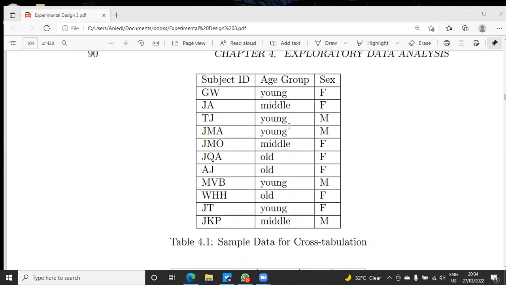It has a young, which is male, another young, which is male. Now it has a middle, which is female, a whole, which is female, old, which is female. So in this case, he has taken each of the items in the table and arranged them differently for explanation.